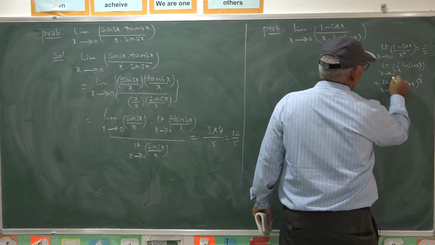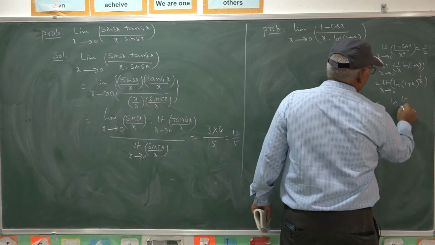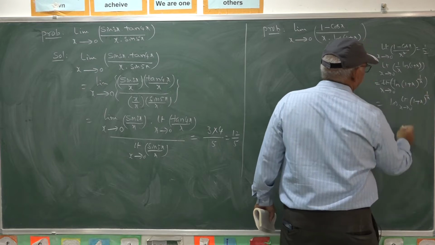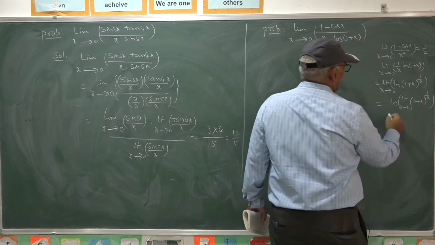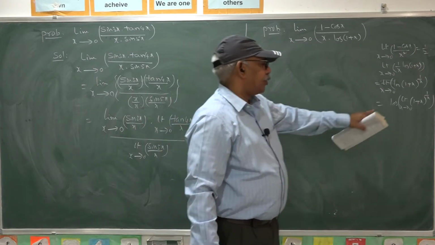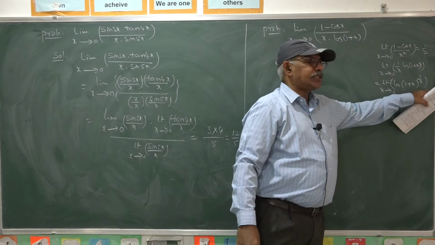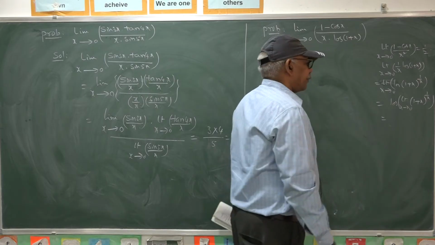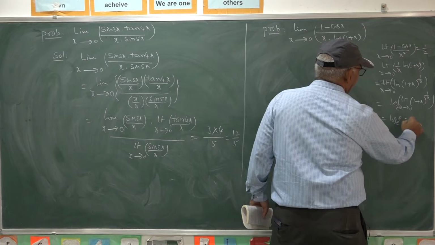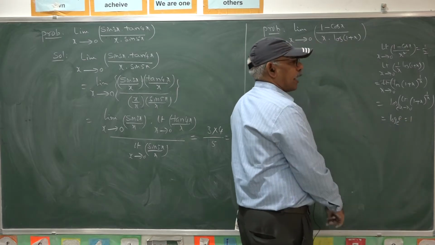This is log of limit as x goes to 0, 1 plus x whole power 1 by x. This is already given to you: limit as x goes to 0, 1 plus x whole power 1 by x is e. Here we get log e to the base e, which is nothing but 1.